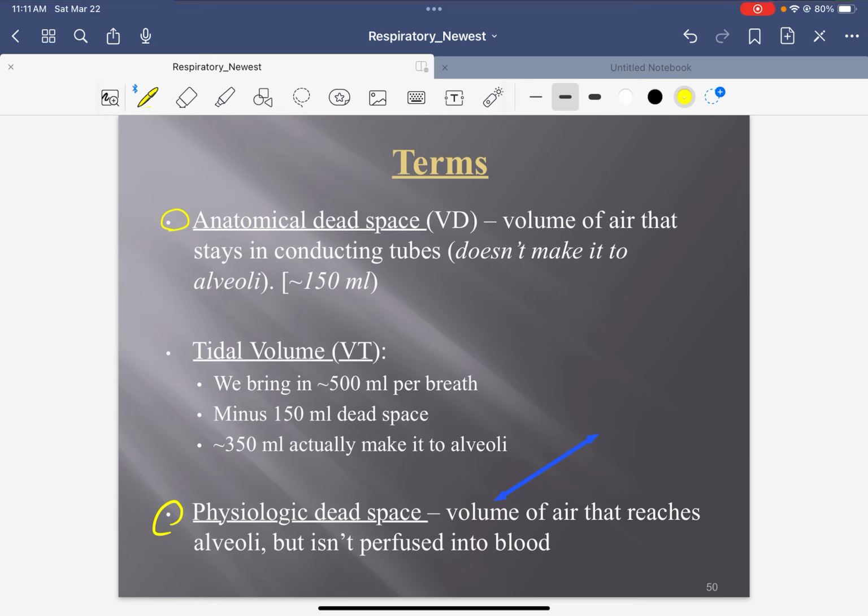So, anatomical dead space. This just refers to the fact that there's a volume of air that doesn't make it all the way down to the alveoli.